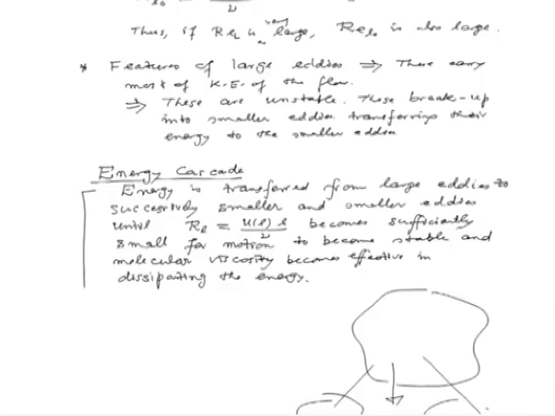And this is what was termed by Richardson as the energy cascade, with the largest eddies. Now, these largest eddies draw the energy from the mean flow and dissipate it to successively smaller eddies.